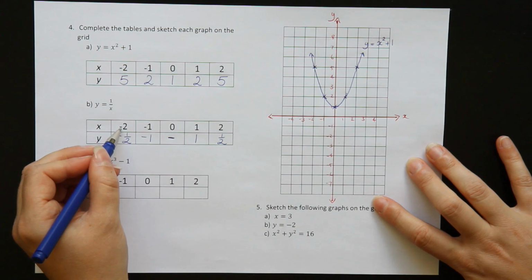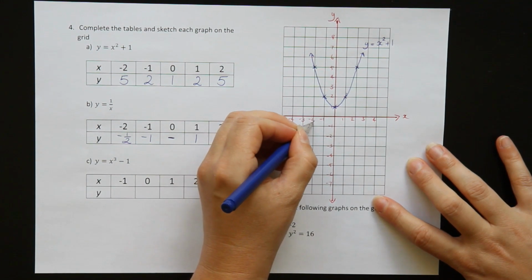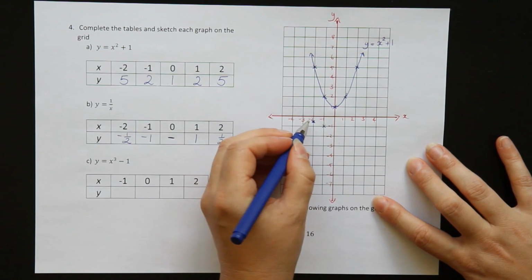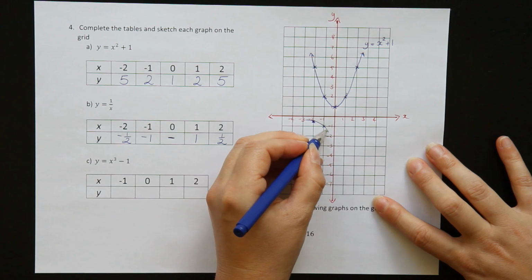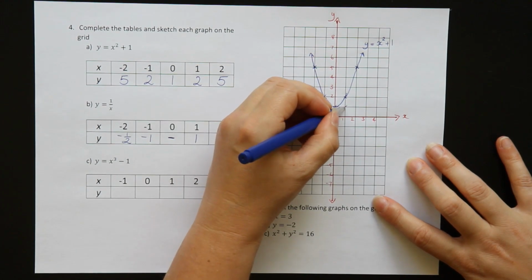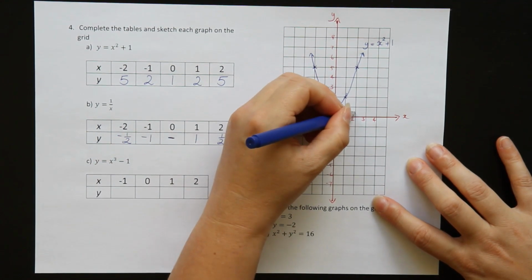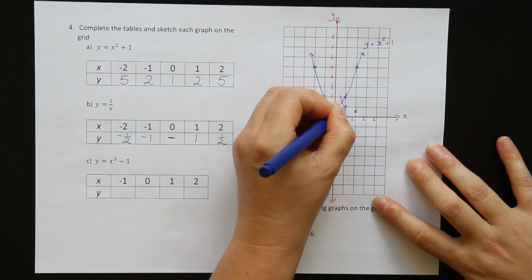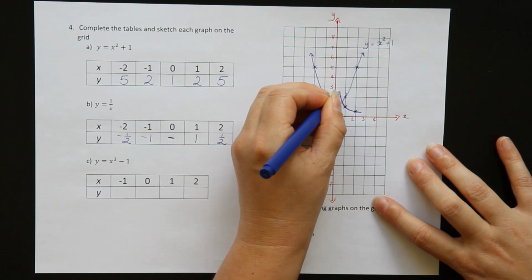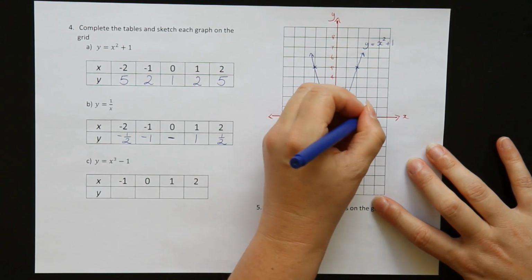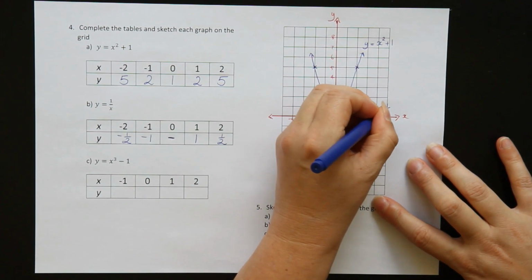Minus 2, minus a half is here, and minus 1, minus 1. We've only got a tiny bit here, and we know it's going to curve around like that. Then our asymptote, 1, 1, and 2, half. A few more points in that table would have given us more of an idea, but we've got enough because we know what a hyperbola should look like. So that is y equals 1 over x.